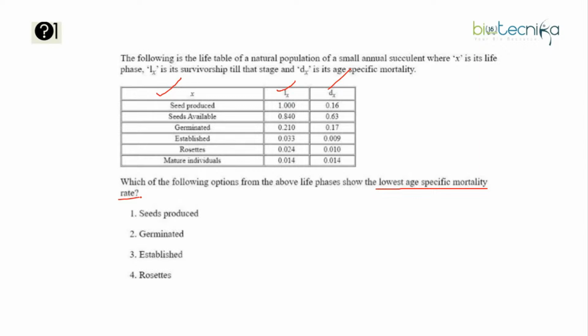So, how will you calculate the age specific mortality rate? Who can tell me? What is the formula for age specific mortality rate calculation? Who can tell me this?